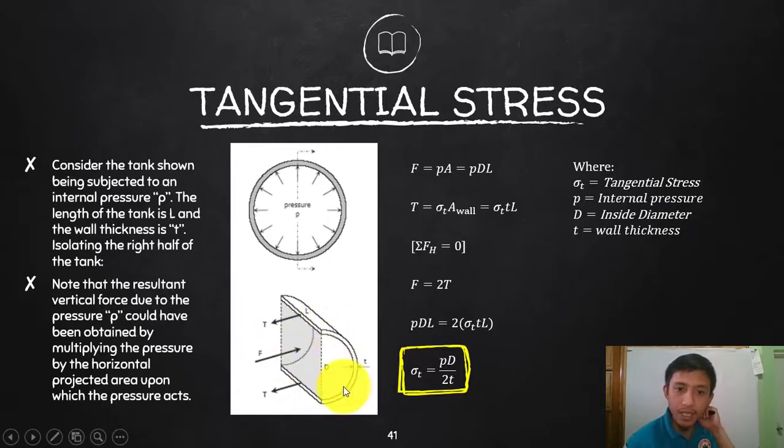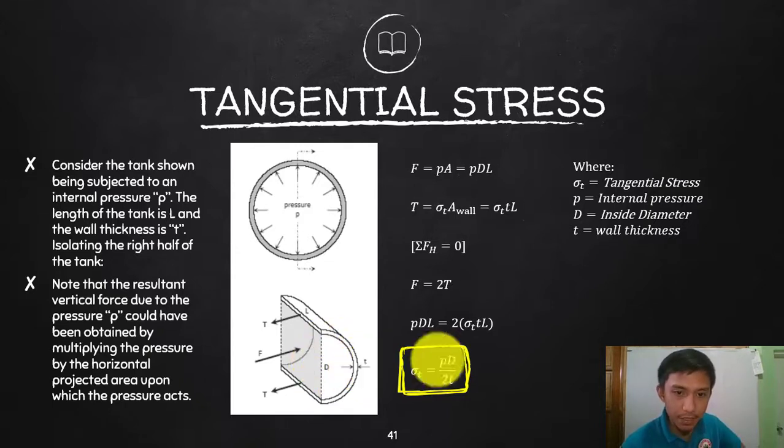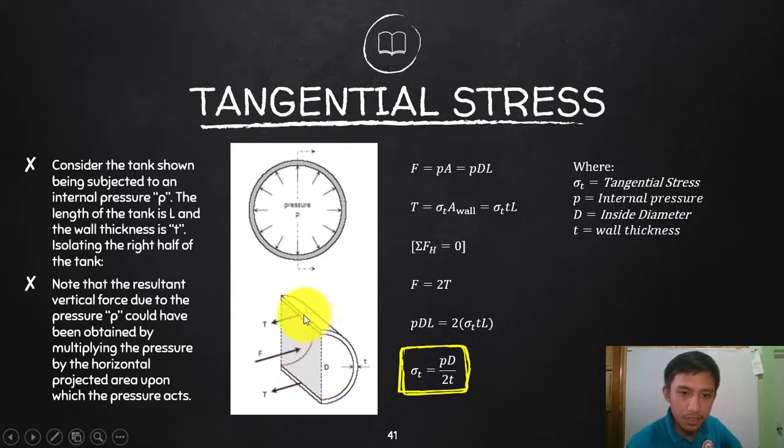By the way, if we say diameter, here in thin wall, we are referring to the inside diameter of the tank or the vessel. And so that is the area, D times the length, which is exactly the same as the length of the tank itself.